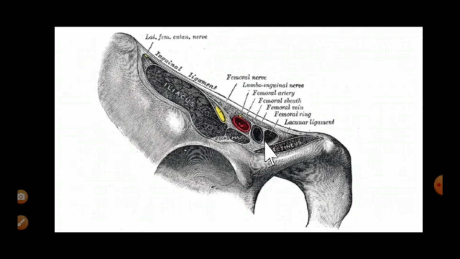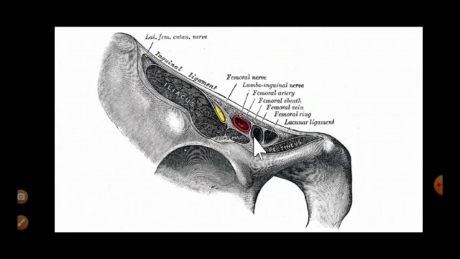So this femoral ring is bounded anteriorly by the inguinal ligament, medially by the lacunar ligament, posteriorly by the pecten pubis, and lower down when we go down the femoral canal, it will be lying over the fascia which is covering the pectineus muscle, and laterally the boundary of the femoral ring is the femoral vein, the septum, which is dividing the femoral sheath into three compartments here.